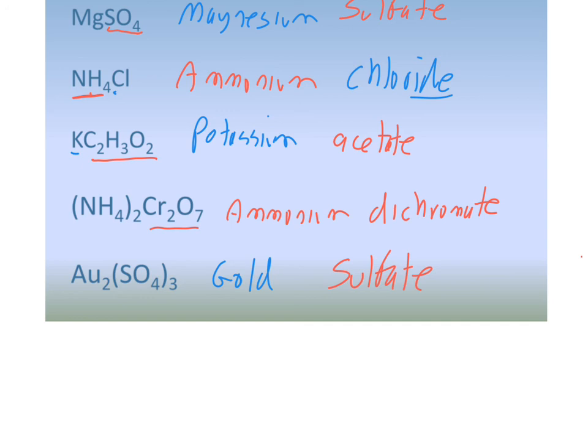Remember, the sulfate is -2. There are 3 of them. It has to add up to 0, so this is just like dealing with binary ionic compounds. So we have a total of -6 of charge. We have 2 golds, so to get a total of +6 over here, I'm going to do a couple of +3s. So this is gold(III) sulfate.